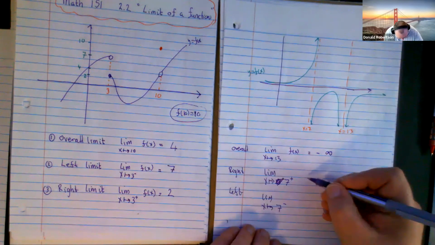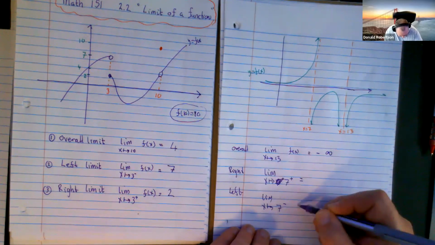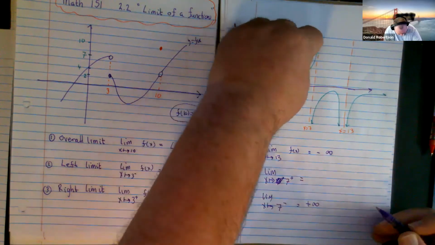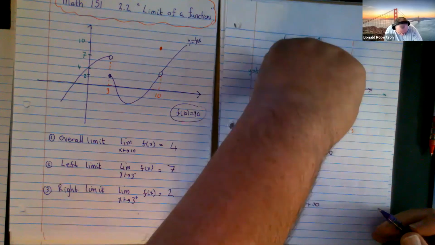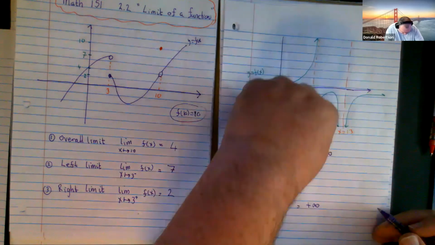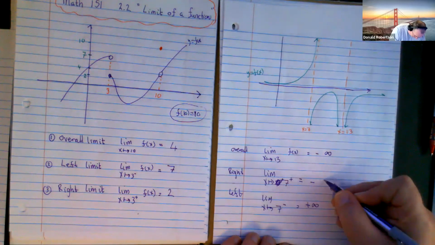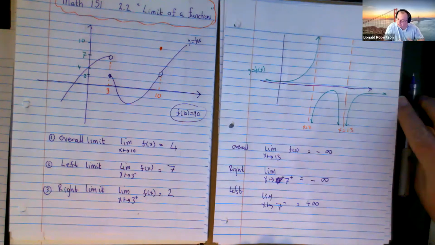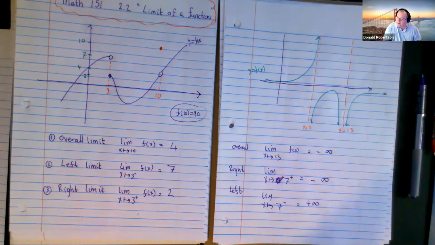If you did this one, which is the limit as x tends to 7 minus, the answer is positive infinity. And if you did coming in on the right hand side, the answer is negative infinity. Are you okay with the answers now just being versions of infinity? So vertical asymptotes either zoom up to plus or zoom down to minus. We cool?